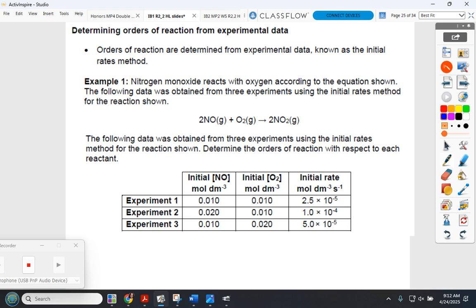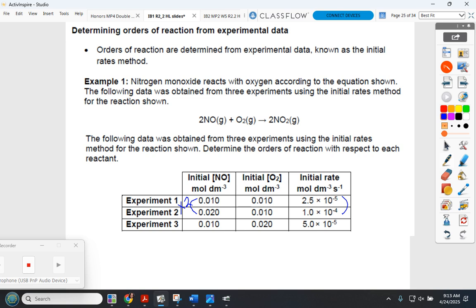And then if we double, so you can see that in this version we have doubled, times 2, we've doubled the concentration of NO. What effect does that have on the rate? How much faster is the rate in experiment 2 versus the rate in experiment 1?